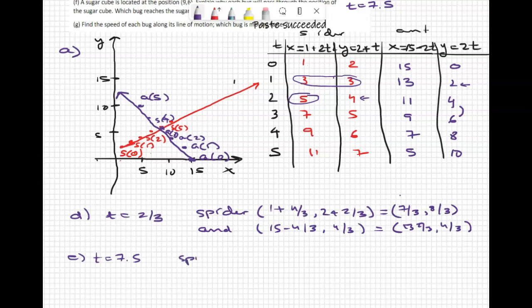The spider is at 1 plus 2 times 7.5, which is 16, and 2 plus 7.5, which is 9.5. The ant, 15 minus 15 is 0.